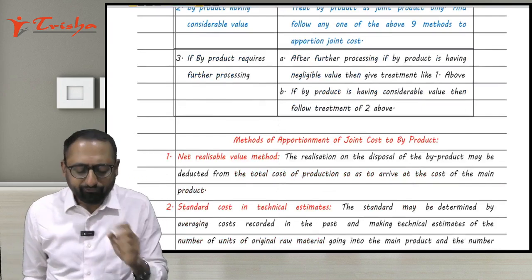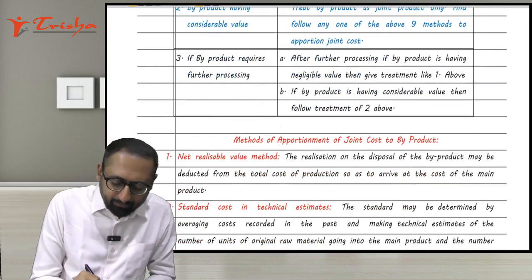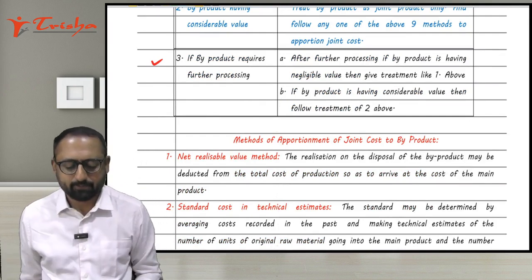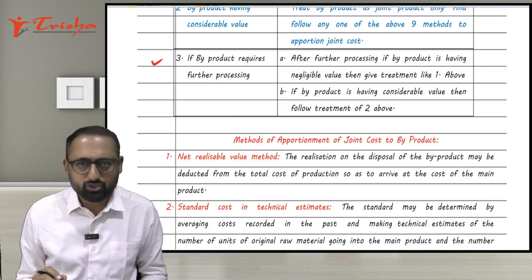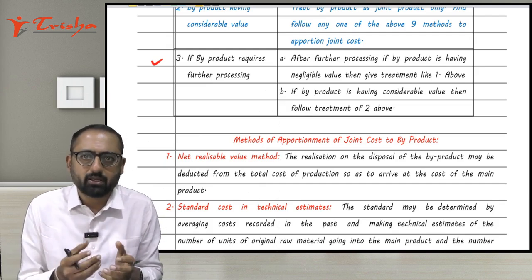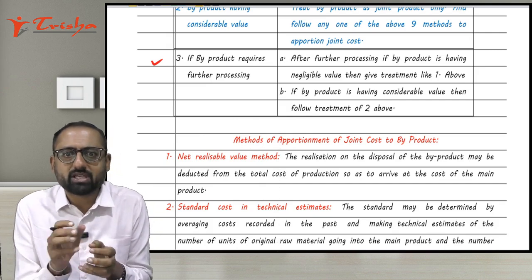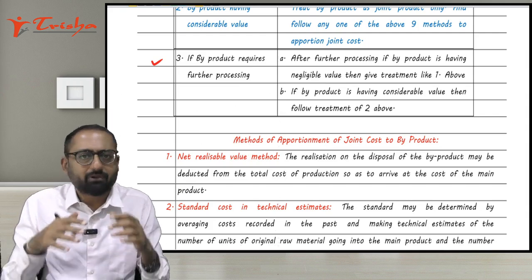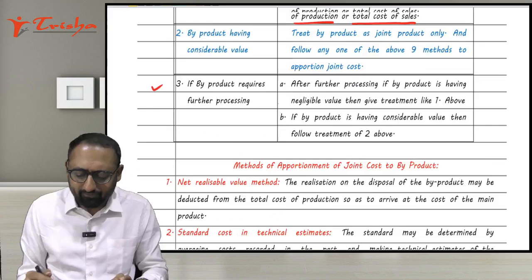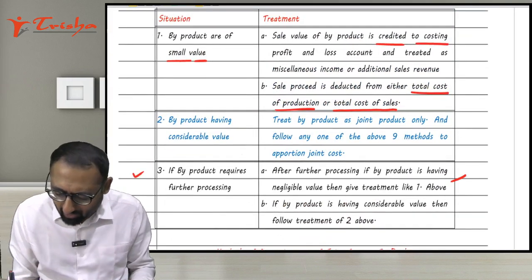Third, if the byproduct requires further processing, meaning the byproduct is not sellable as such and requires further processing, then after further processing, check the resultant product. If the resultant product value is negligible, go to point number 1.